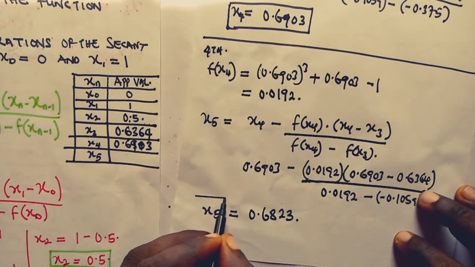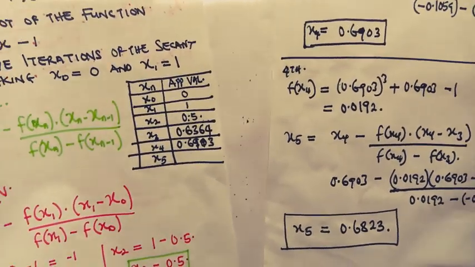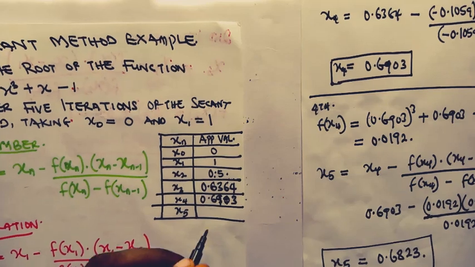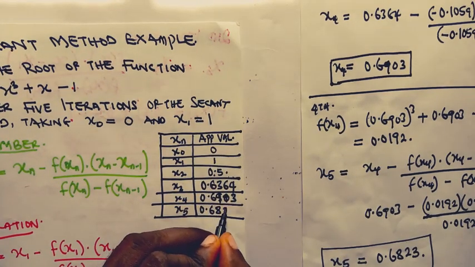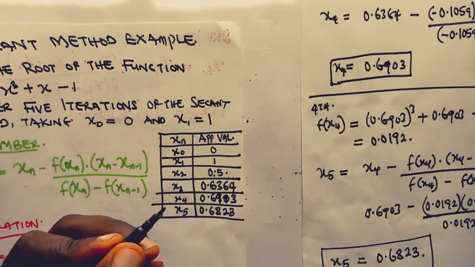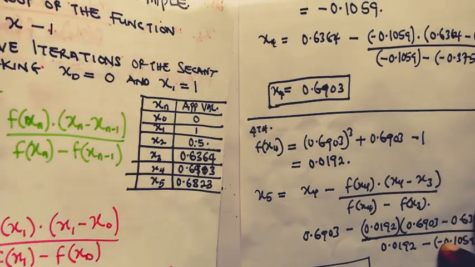That's our x5. Let's quickly write it down in our value table, 0.6823. Okay, so that is an example of the secant method.